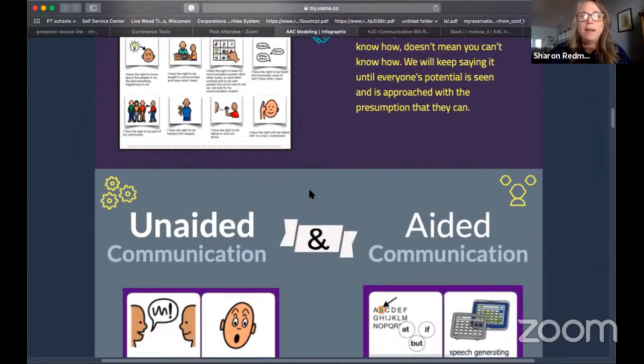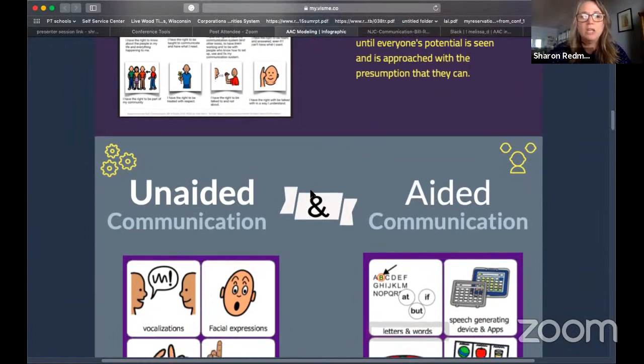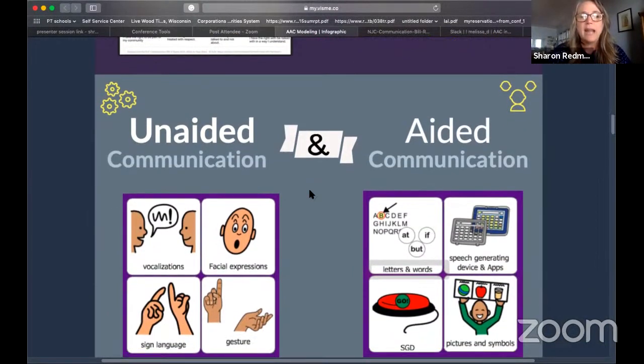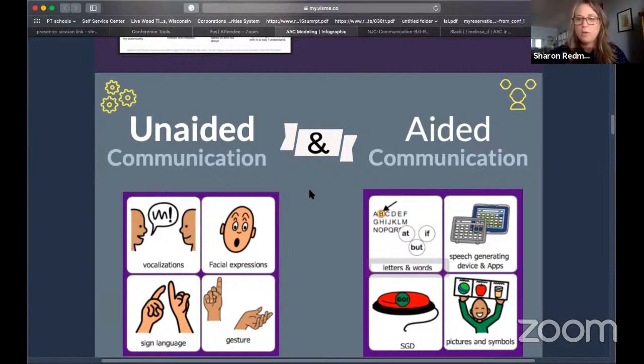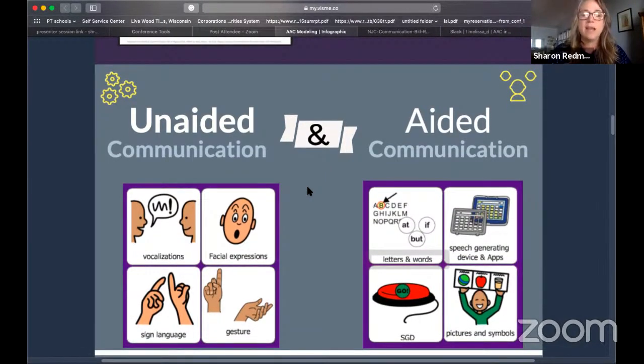Okay, so what is AAC and communication? Well, we're going to look at unaided communication, have a little background, versus aided communication. And we know that unaided communication are areas like vocalization, facial expression, sign language, gestures, anything that comes from you that you don't need an aid or an outside device to be able to help you with.